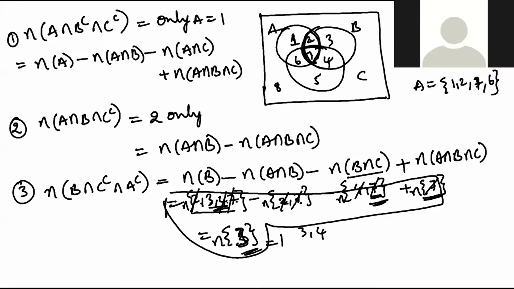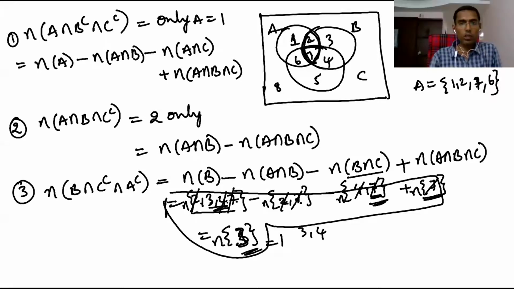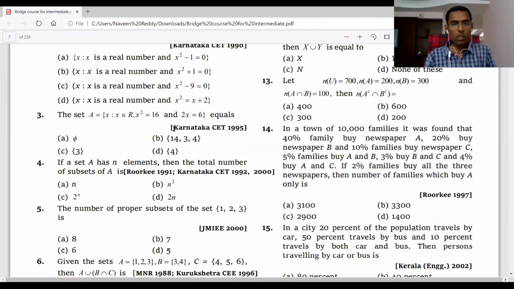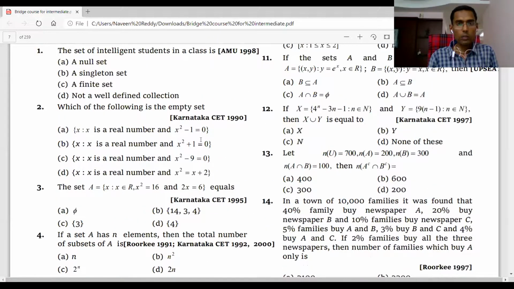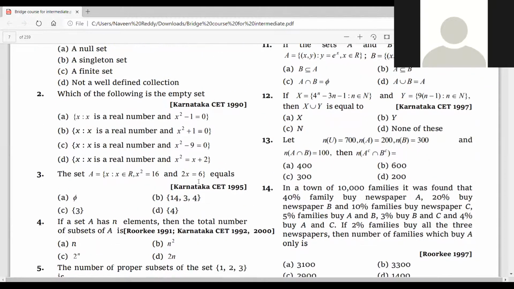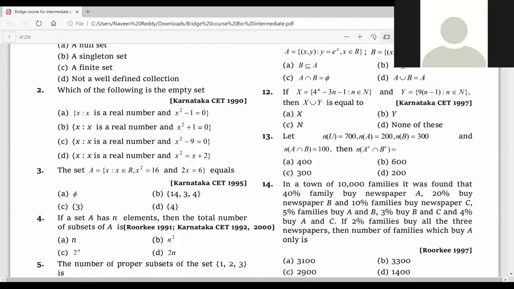No, you are not able to see the questions. Now I came to the questions. I told you to do the questions, right? Now you are able to see the questions, right? Yes sir.